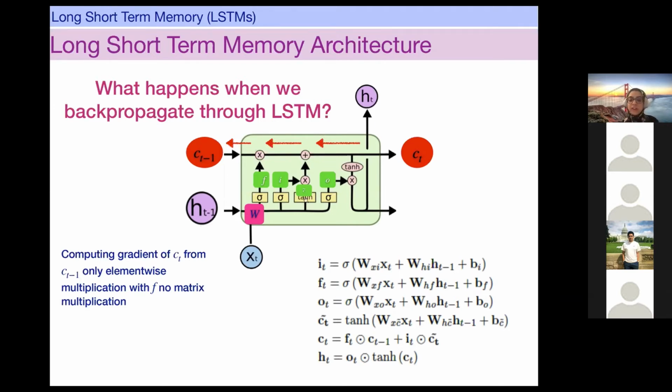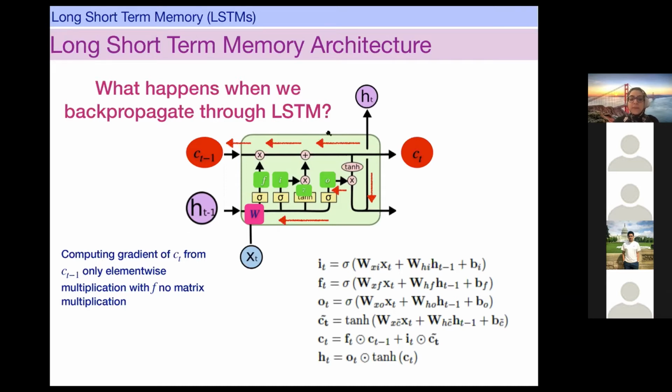And basically here we have just 2 operations. The first one is addition, so there's no problem there. And the second one is multiplication, but it's element-wise multiplication with the forget gate. So if we go through this path, there is no multiplication with a weight matrix whatsoever. The other path is going through the gates and through the weight matrix, and then getting the h_{t-1}.